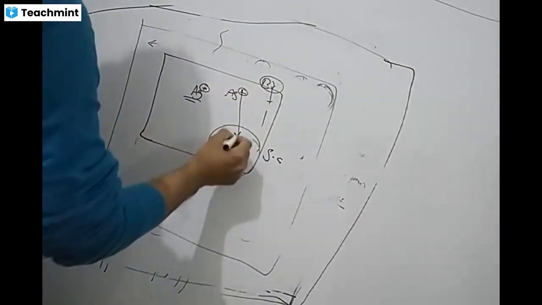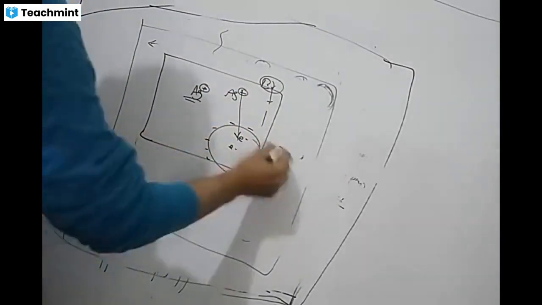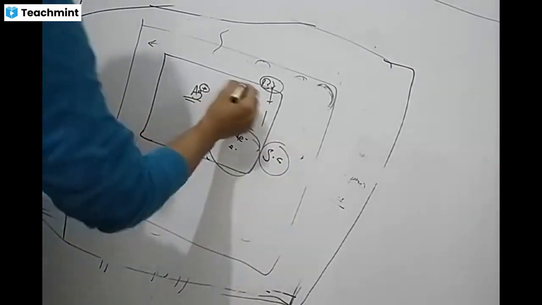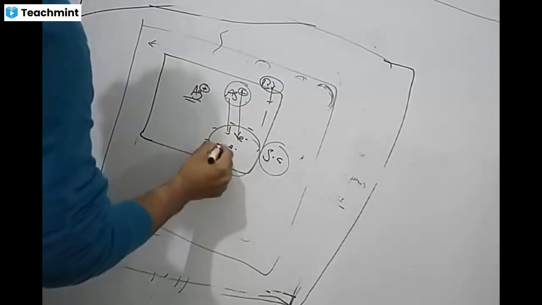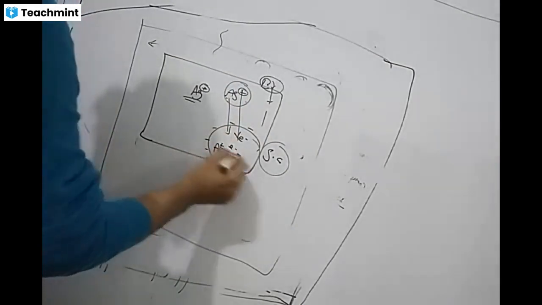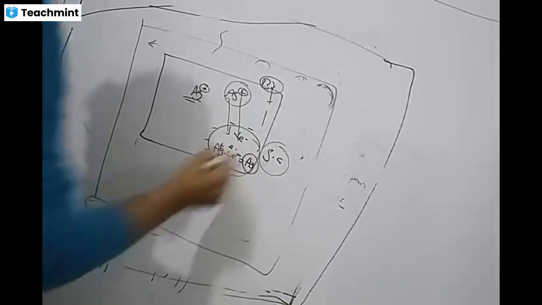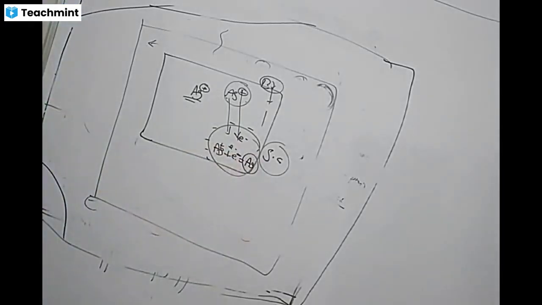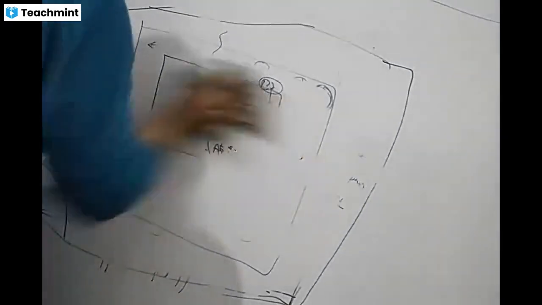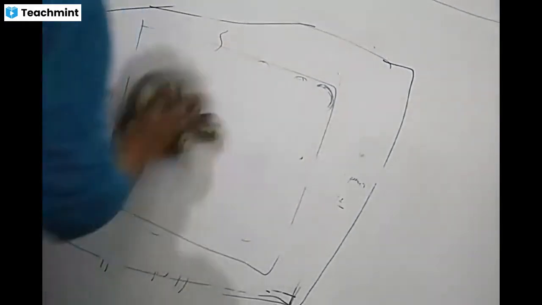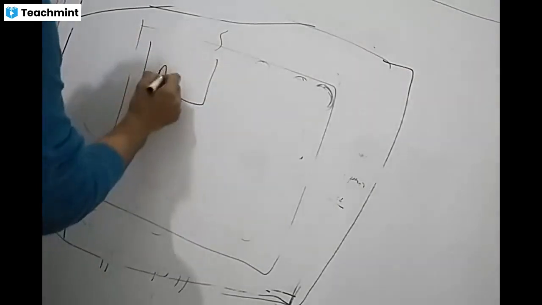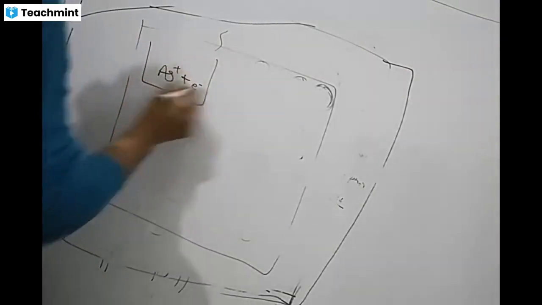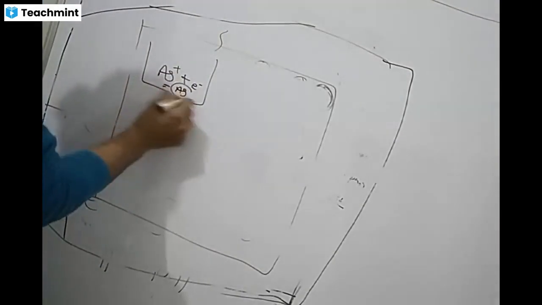They are attracted towards the negatively charged sensitivity center. So one ion moves towards this center, reacts with the electron, and becomes a silver atom. This happens at the sensitivity center, where there were electrons, and they combine and form Ag.